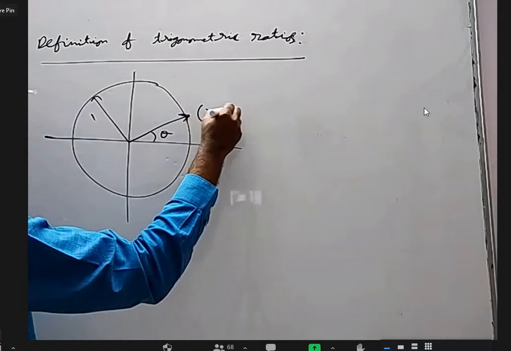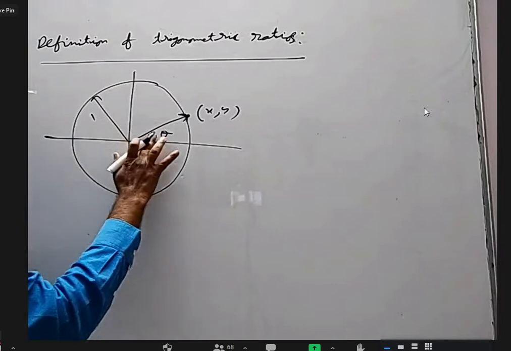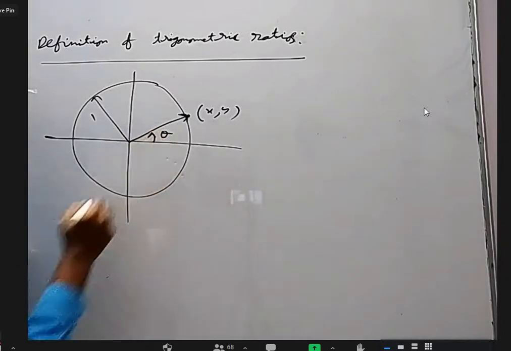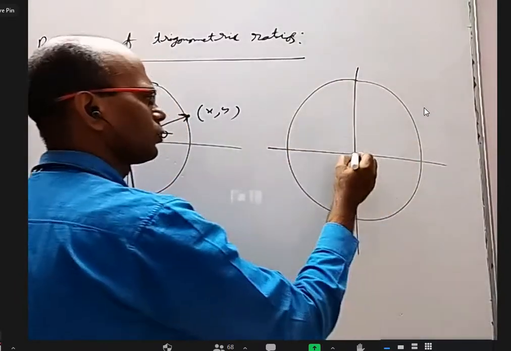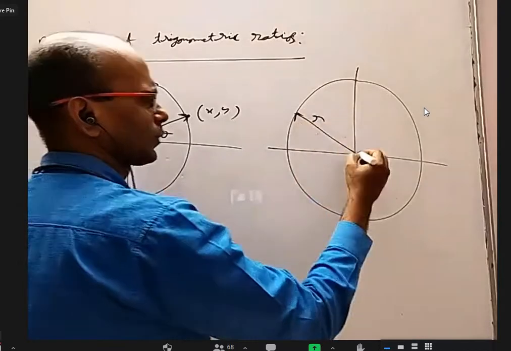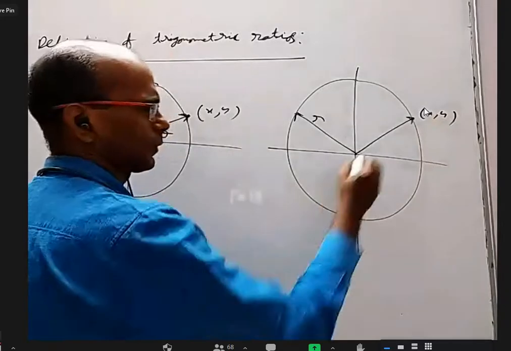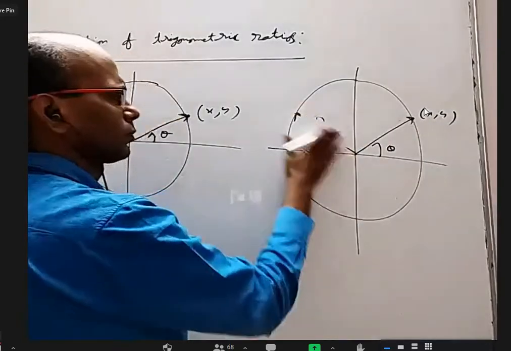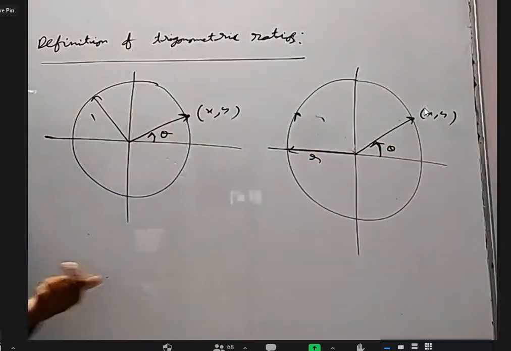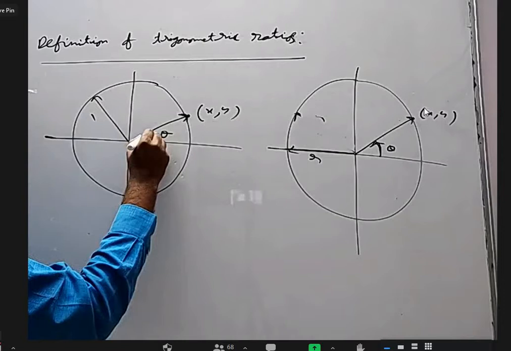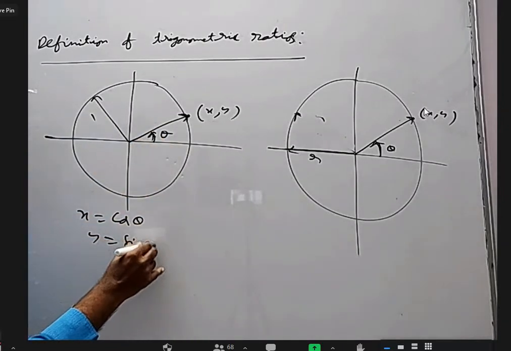Let's say this point is x comma y, and this is measured in the anti-clockwise direction. Or you take some radius r, again measure some angle. This point is some x comma y. This angle is theta. This radius is r, not an issue. In this one, when radius is 1, the definition is x is equal to cos theta, y is equal to sin theta.